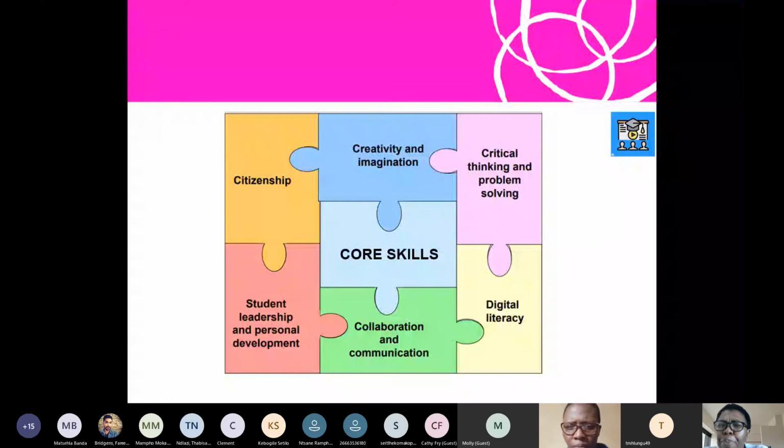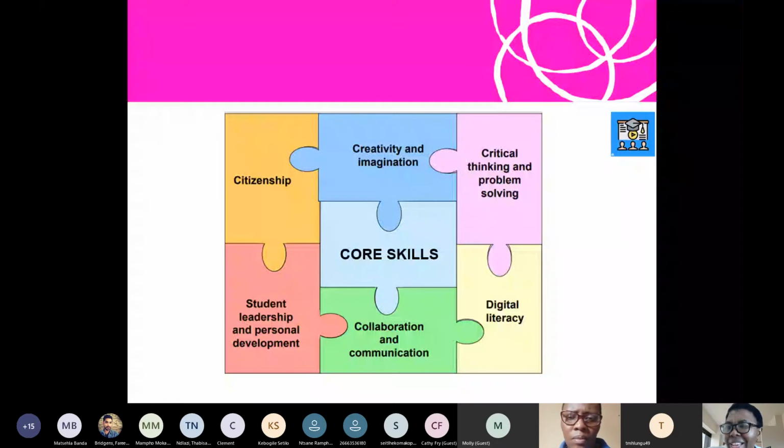If you lose that piece of the puzzle on critical thinking and problem solving, how then are you going to assist the country in terms of the SDGs? How are you going to be creative in your classroom? How are you going to be a creative learner if you lose it? So all those pieces of the puzzle are very, very important, because ultimately, as a learned person, as a person who possesses the 21st century skills, you need to ensure that you have all those pieces of the puzzle, because they are interdependent.